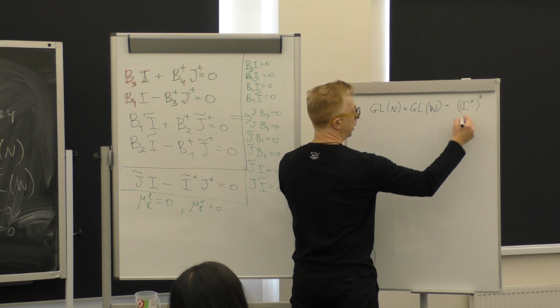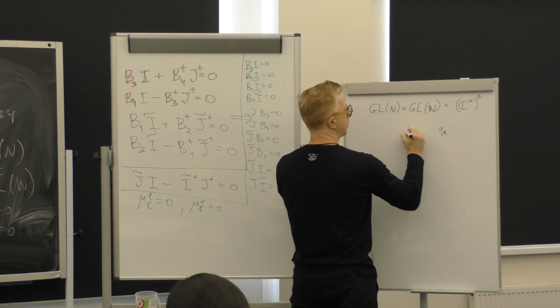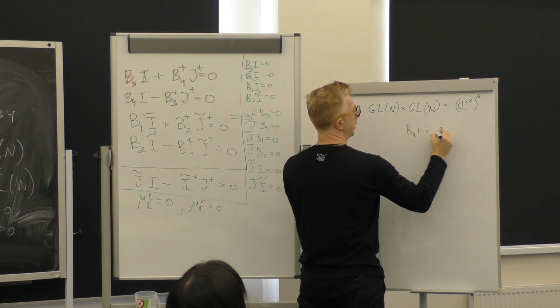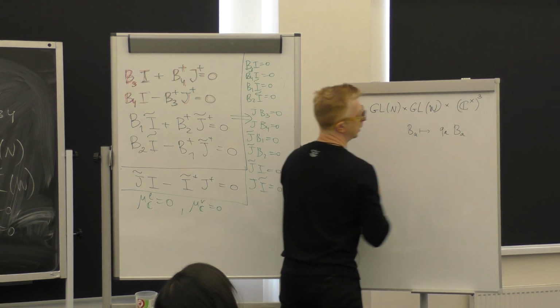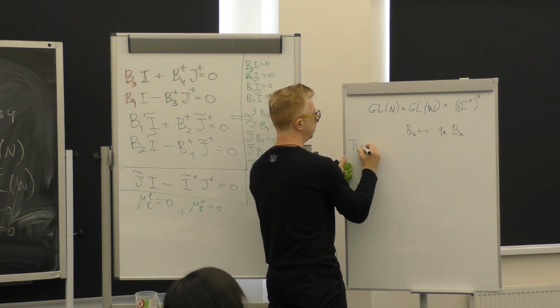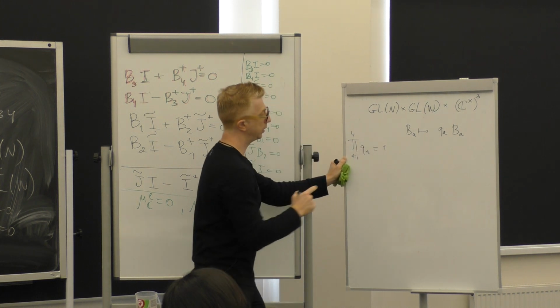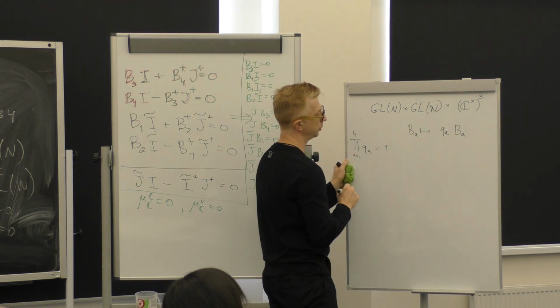And that group, C star cubed, acts on the B matrices by multiplying them by the corresponding numbers. These numbers should be constrained to multiply to 1. That's why it's a 3-dimensional torus, not a 4-dimensional torus.